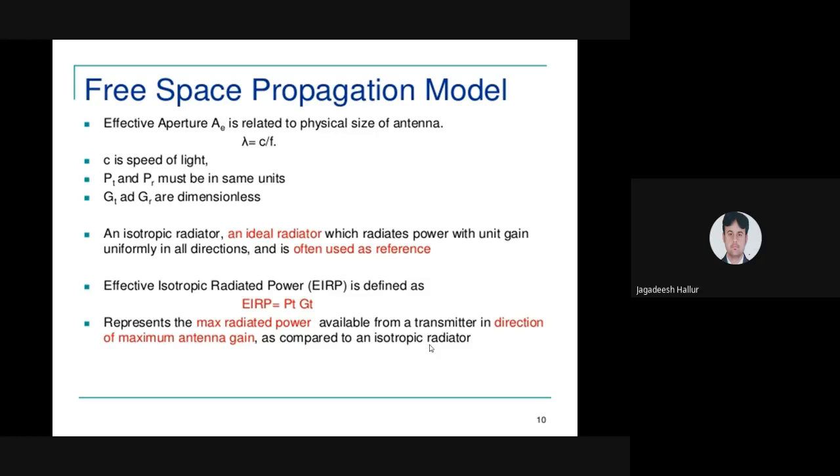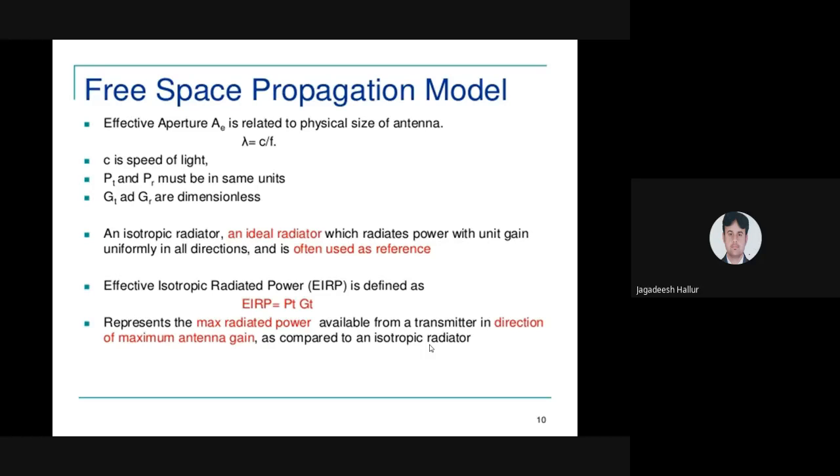PT and PR must be in the same units, and GT and GR are dimensionless. There is no dimension for GT and GR. Based on this, you have to calculate the effective isotropic radiated power, EIRP. EIRP is calculated at the transmitter side itself, not at the receiver side.